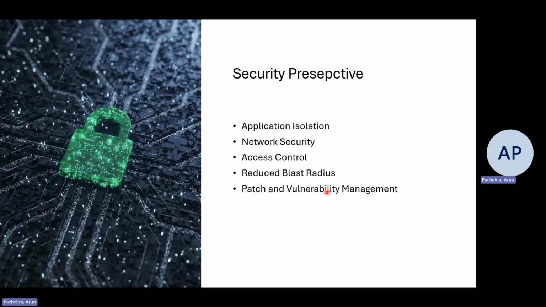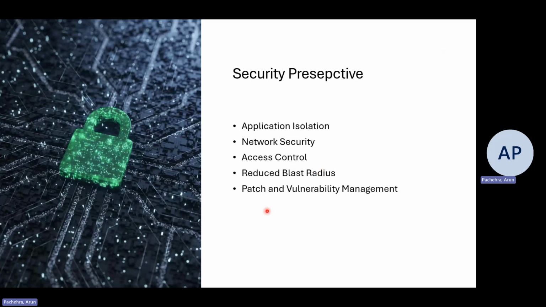Now, reduced blast radius we understood from isolation, but just for the sake of this point under security perspective: by isolating applications, the impact of a security breach or compromise in one app is limited to that particular app, reducing the blast radius and allowing for quicker recovery and mitigation actions.